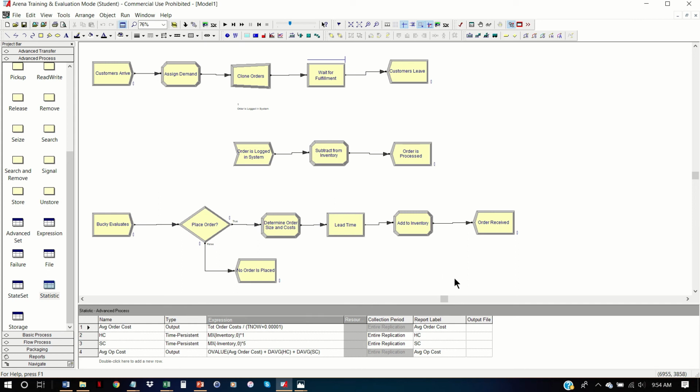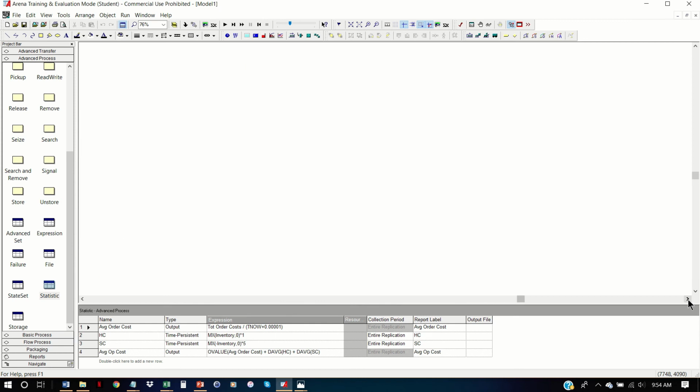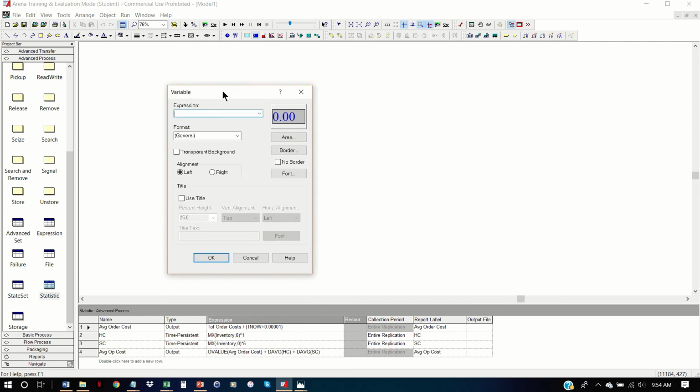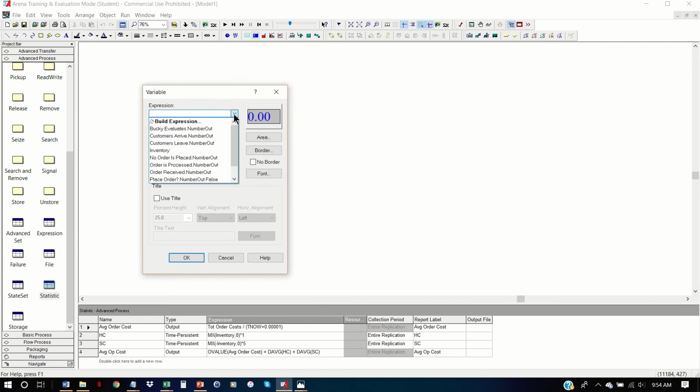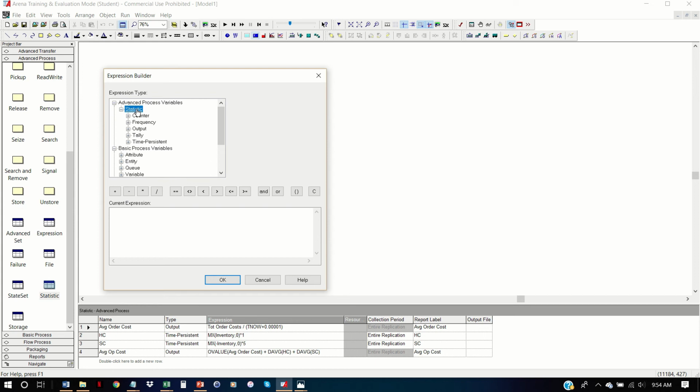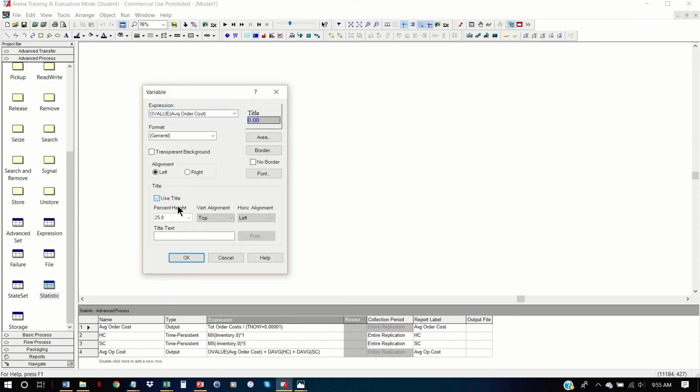Bucky also wants to see some metrics being tracked. So let's move over. Bucky wants to see metrics for the average daily order cost, so the order cost, we're going to look at the average value of the order cost. Okay, and we can call this average order cost.